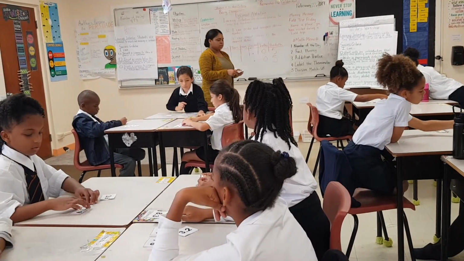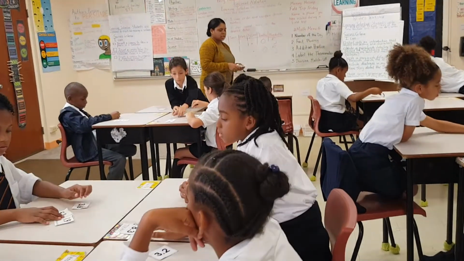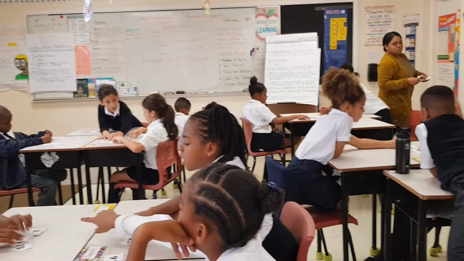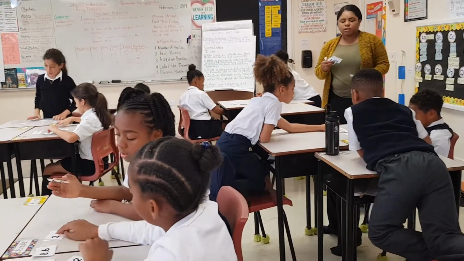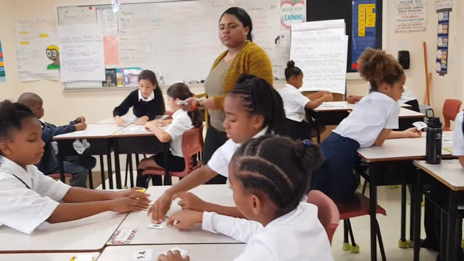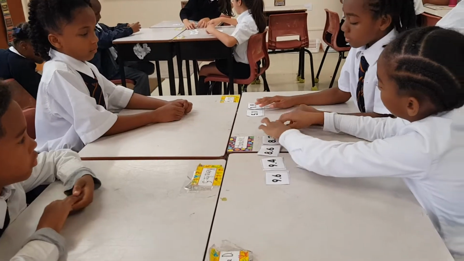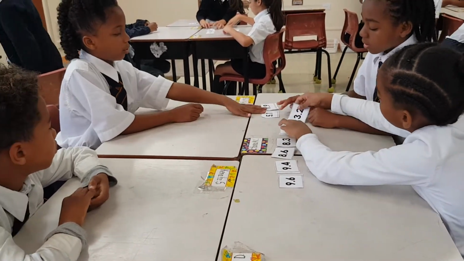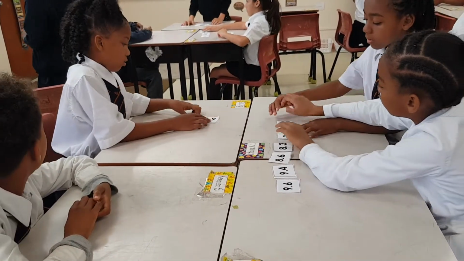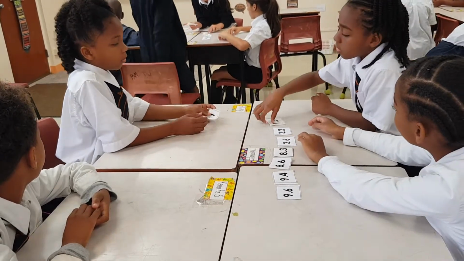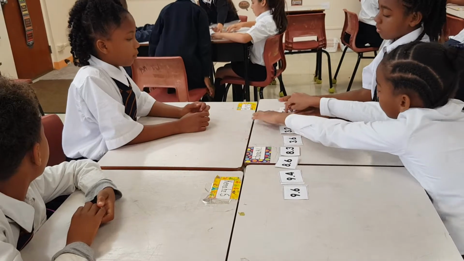Okay, London, go with Shakaya and Zayla quickly. I'm going to give you 2 minutes on the timer. You're going to put them in order from greatest to least. Courtney, work with group 1, please. We're going to give you 2 minutes.